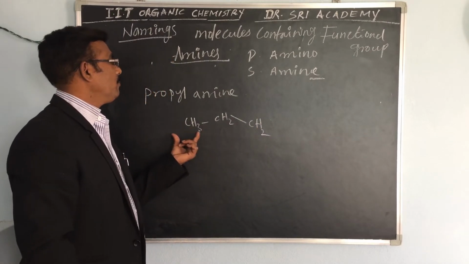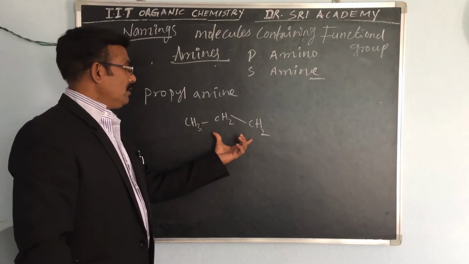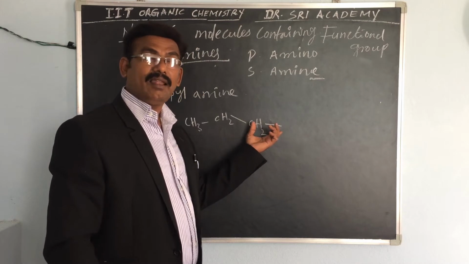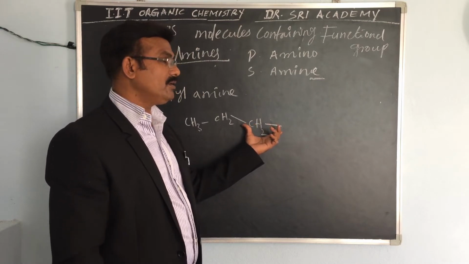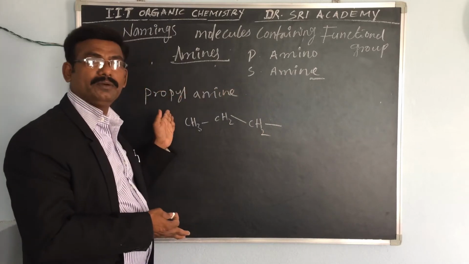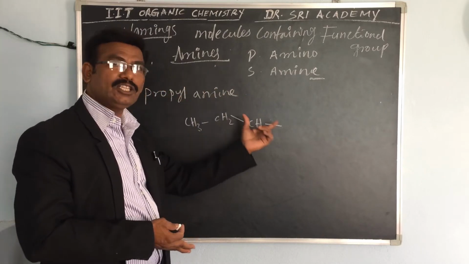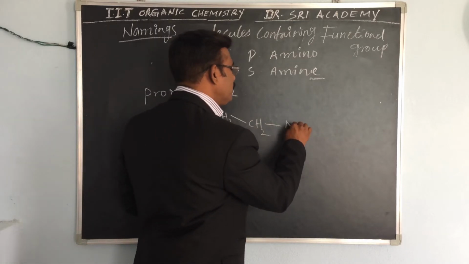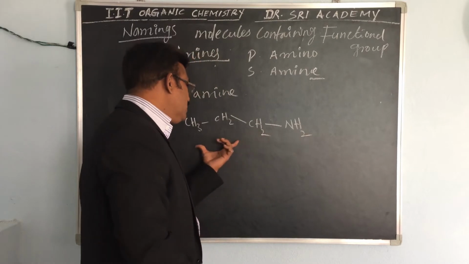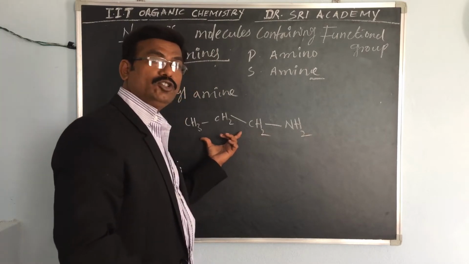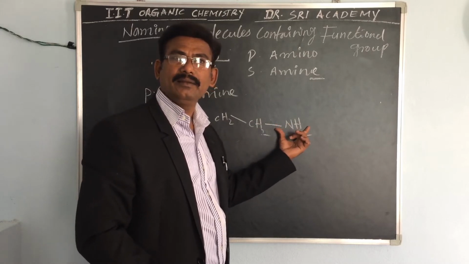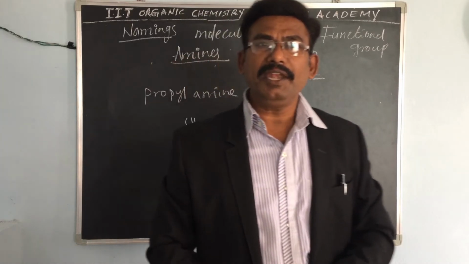So this is the propyl group, as we have seen in the third video. This is attached to the amine group. So amine containing which group? Propyl group. So propyl and amine, propyl amine.